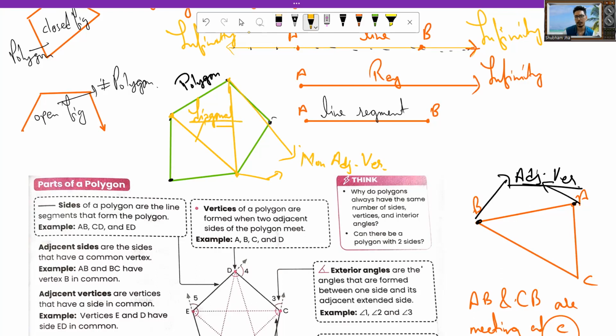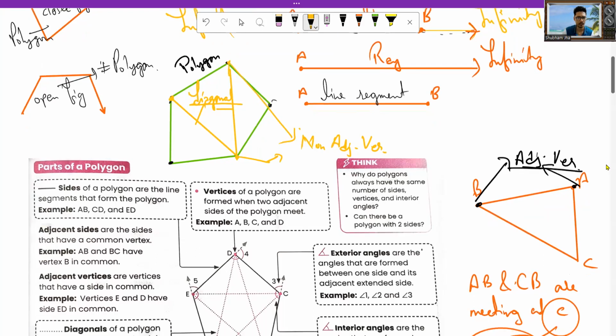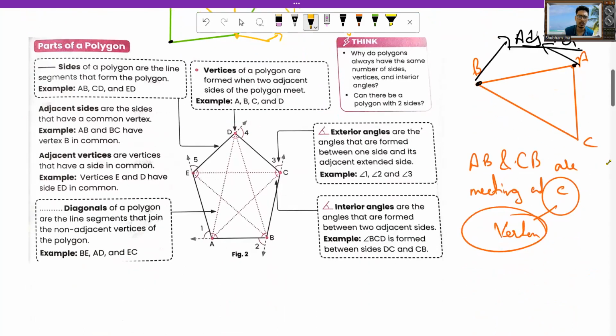Okay. Similarly, if you look at this figure, you can see E is a vertex and C and B are the non-adjacent vertices. The line that connects E to C and the line that connects E to B are the diagonals. Now look at the definition.